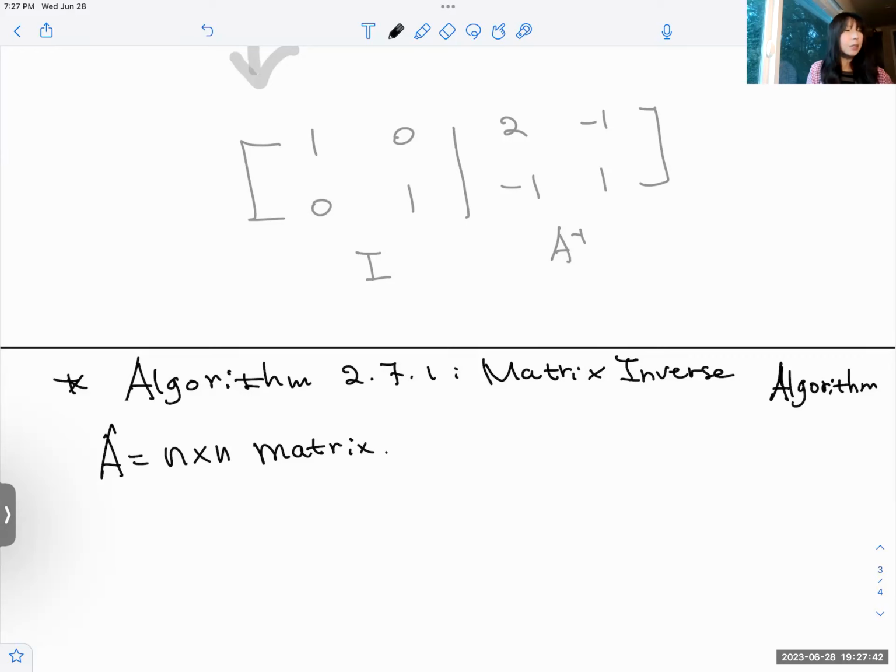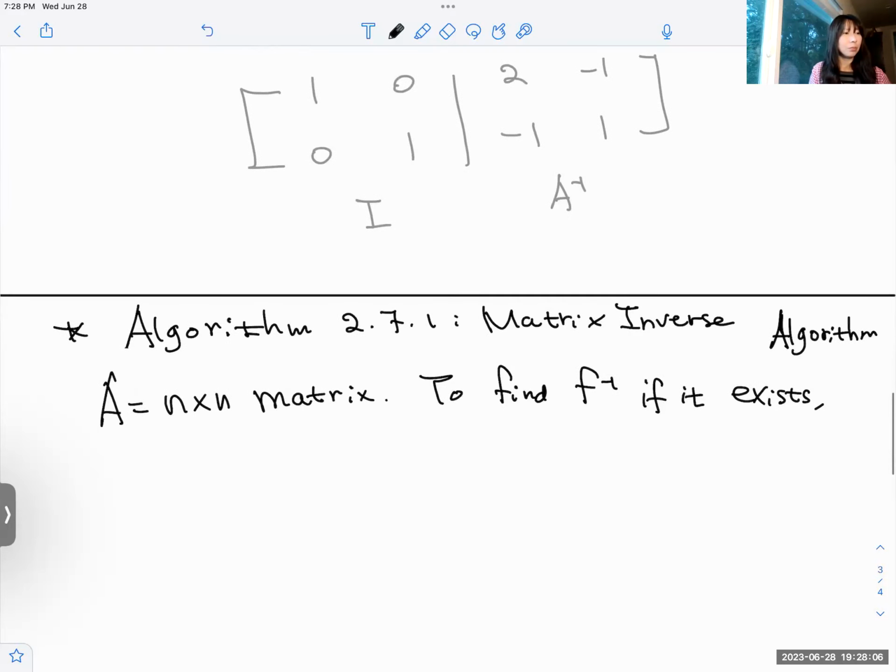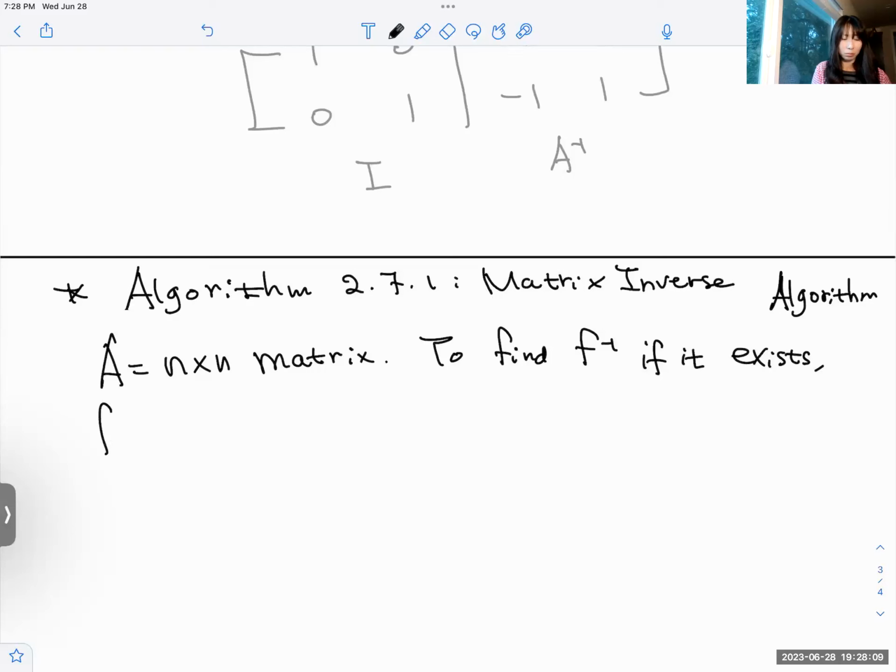To find the inverse of A, if it exists, form the augmented matrix.